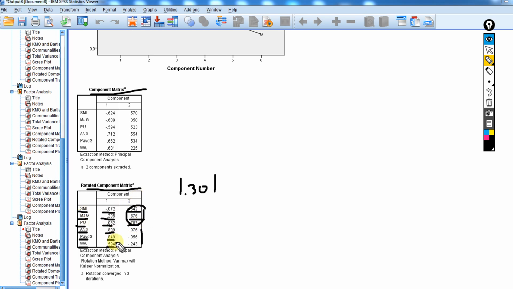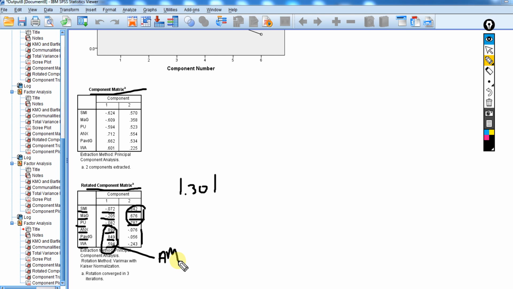So I might name component 1, given that it really seems to be heavily defined by anxiety, performance avoidance and work avoidance, I'll just refer to this as avoidance motivation. Okay. I'll just put a little V down here for avoidance motivation.